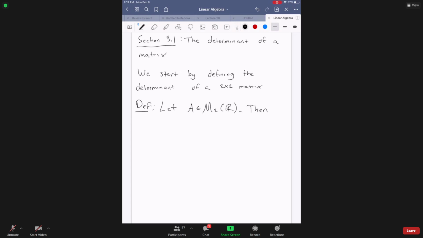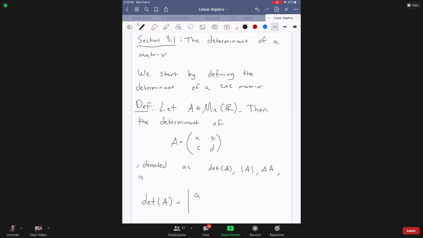Then the determinant of it is denoted as either det of A, absolute value of A, or triangle of A. I'm just going to use det of A.